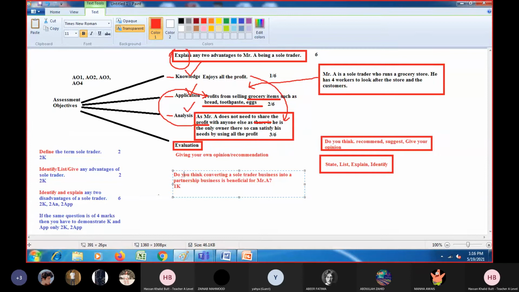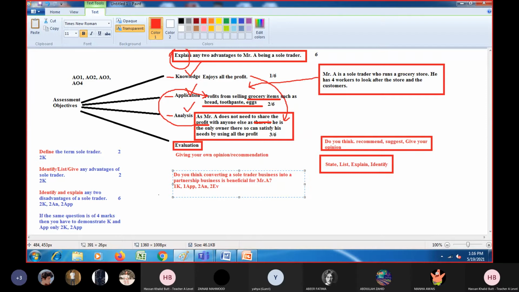Just a minute, let me change the color so that you can see the command word which is there. All right. So there's 1 mark for the knowledge. There is 1 mark for the application, and there are 2 marks for analysis, and there are 2 marks for evaluation, right? EV is for evaluation, remember.